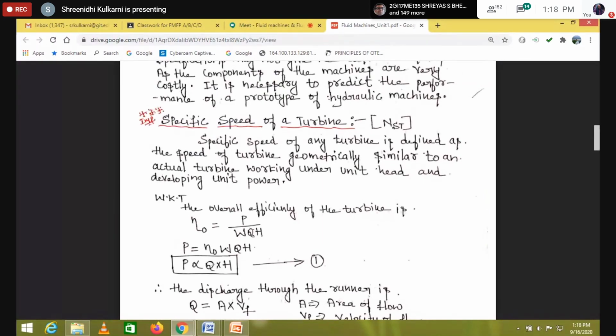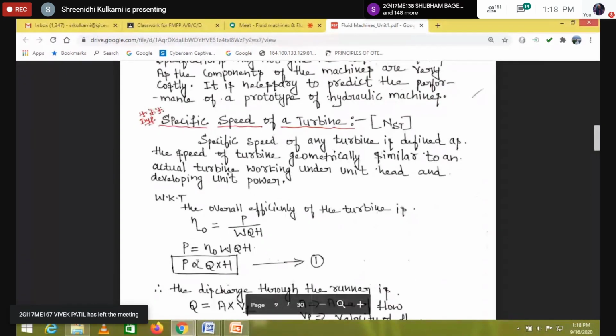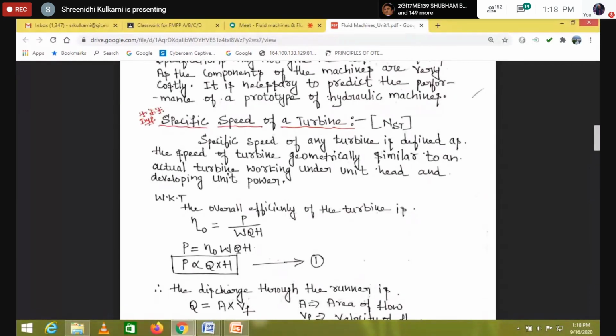So next, this equation further we can write as P is equal to overall efficiency into WQH. But here, P is directly proportional to discharge into head. We'll agree with this equation.